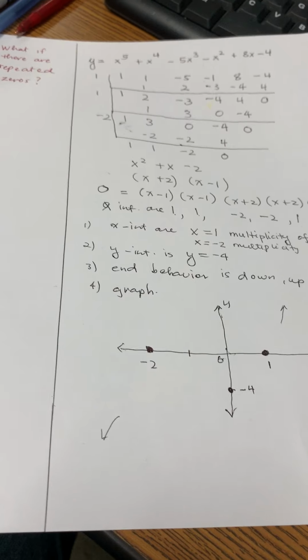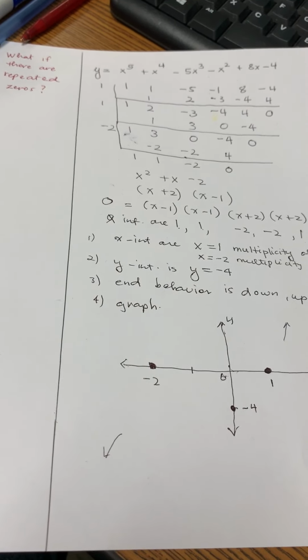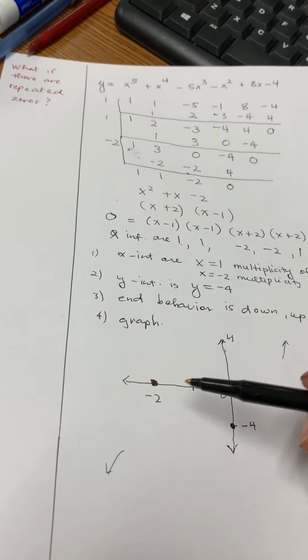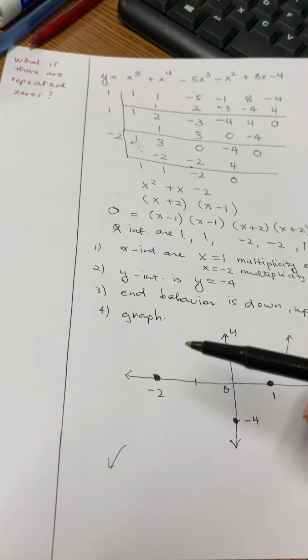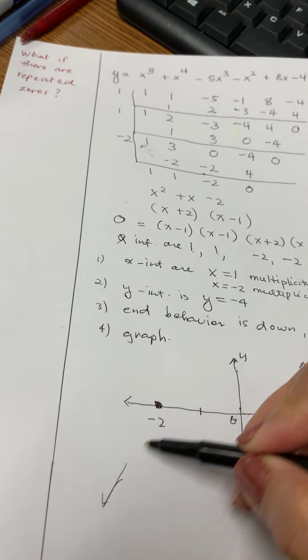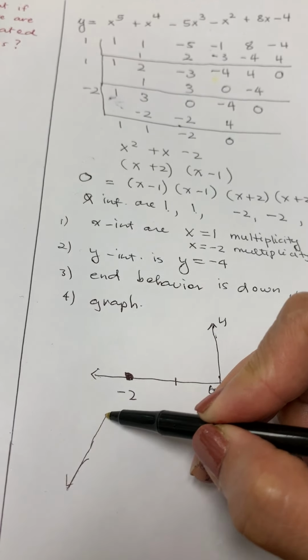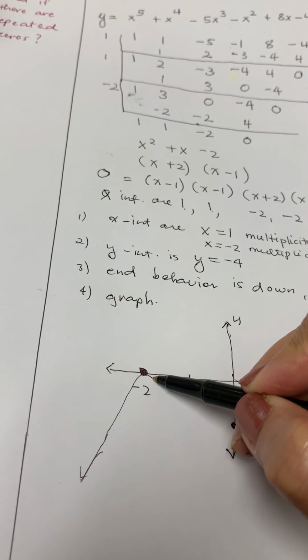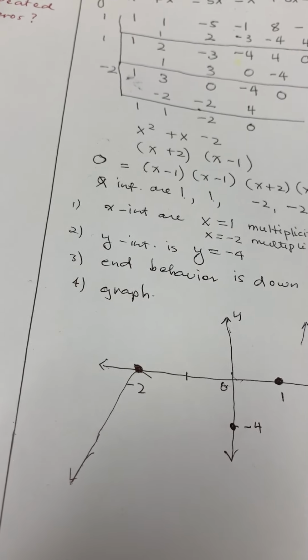Okay, down, up. So when the multiplicity is even, we're not going to cross. We're just going to touch it and then go back below the x-axis.